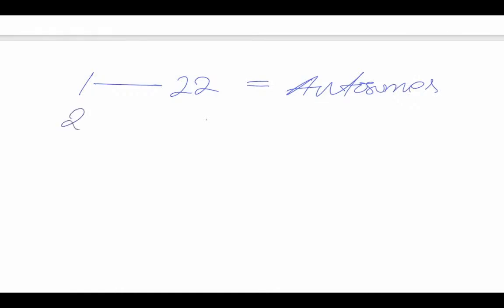So you have from pair number 1 to pair number 22. We call them autosomes. Mind the spelling. And then the 23rd pair, remember these are 2, we call them gonosomes.